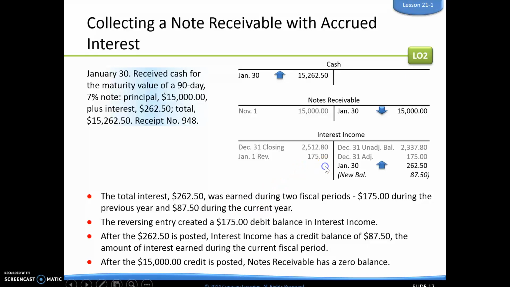After that $262.50 is posted right here, our interest income has a credit balance of $87.50, the amount of interest that's going to be earned during this current fiscal period. And note that our receivable balance, again, goes down to 0. Of course, we can't see all of this until we post, but we want you to be aware of how these transactions are affecting each one as we go.